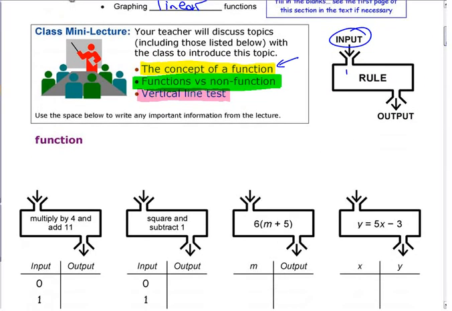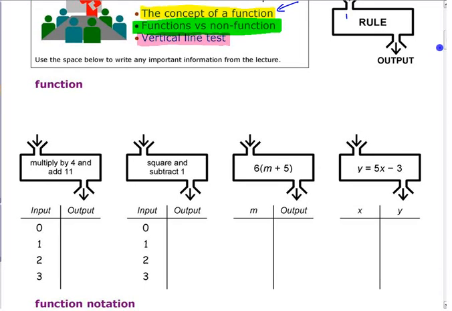So, like, the rule could be lots of different things here, right? The rule could be you put a number in, whatever number comes in, you multiply by 4, and then you add 11. So if you put in a number like 0, if you put 0 in, what's going to come out the bottom? Because you multiply by 4, you get 0, and you add 11, you get 11.